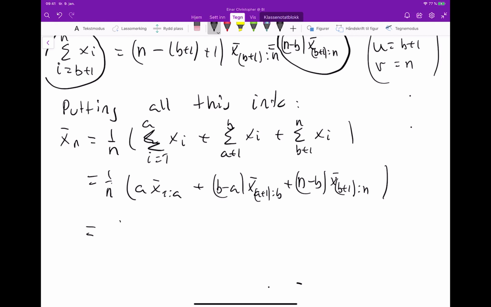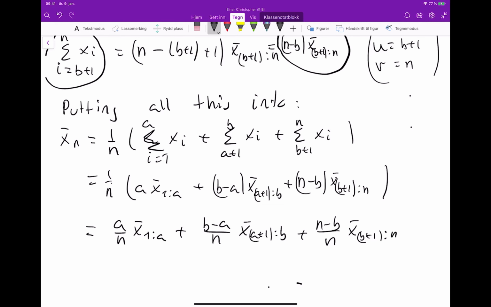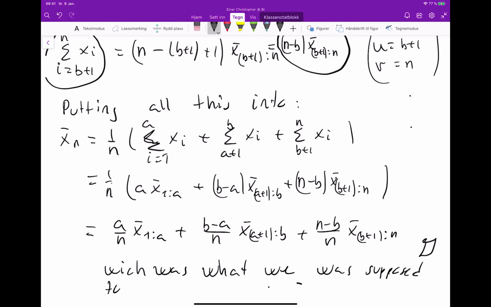We then get a divided by n x bar 1 colon a plus b minus a divided by n x bar a plus 1 colon b plus n minus b divided by n x bar b plus 1 colon n. That was what we were supposed to show.